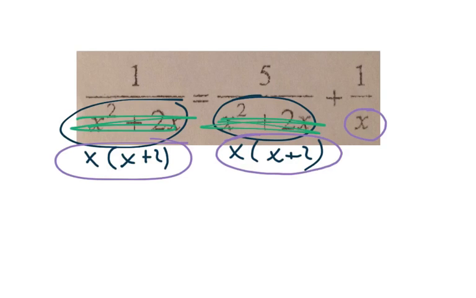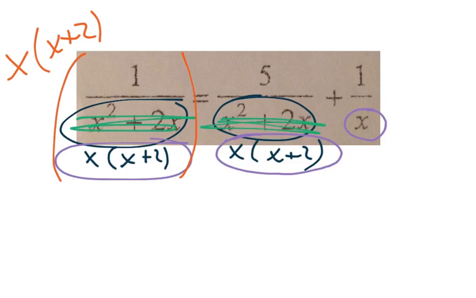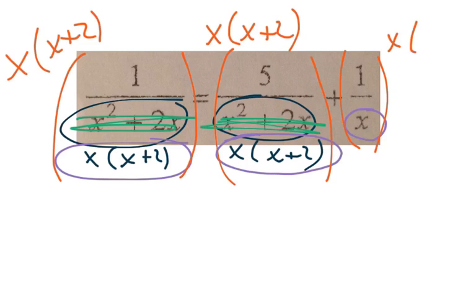But why don't we use the fraction buster method, and we're going to times every piece here, every term, by x plus 2. Hopefully you can see what I'm doing here. I'm timesing every term by x plus 2. Alright, let's see what happens.